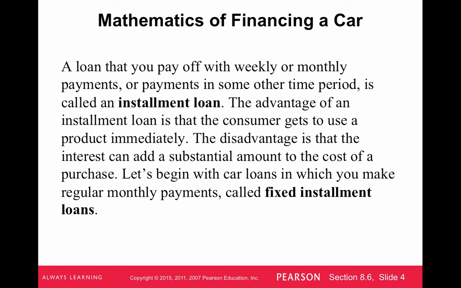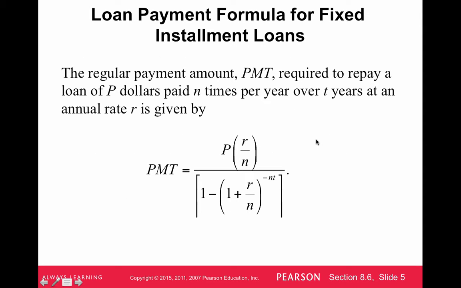So let's begin with car loans, where you make regular monthly payments. These are called fixed installment loans, which means that the monthly payment is the same for every month until you pay it off at the end. So fixed just means the same, fixed equal payment. The formula we're going to look at to figure out the monthly payment, based on how much you borrow, which is P, the interest rate, and the number of compoundings, which is usually monthly, is this formula here.